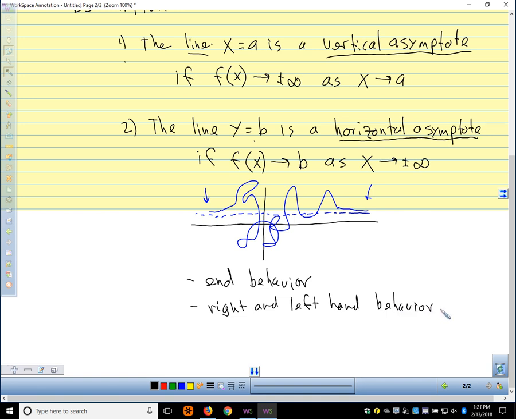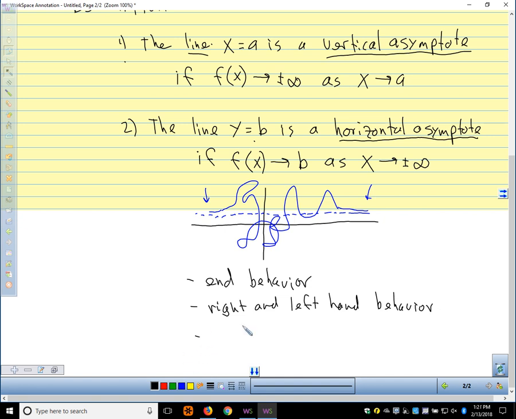So we know for polynomials, our right and left-hand behavior go this way, or this way, or this way, or this way. Well, rational functions eventually can approach a horizontal line, eventually get really close to a particular value of y.